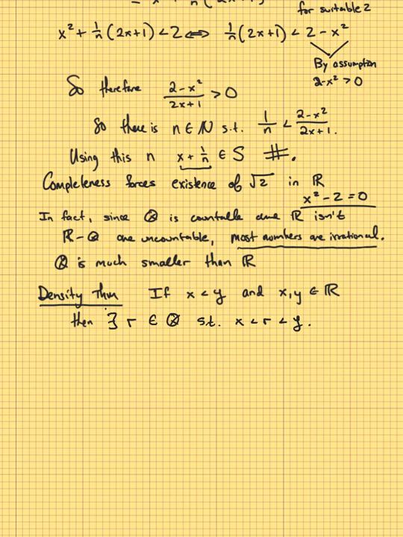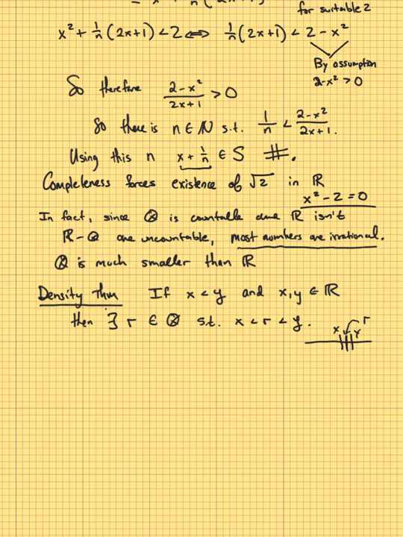Okay? So oftentimes you can get away in your arguments by assuming that numbers are rational, because if you're trying to approximate some real number, you can always do as good a job by using just rational numbers.